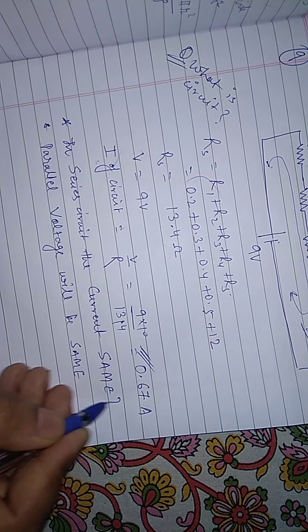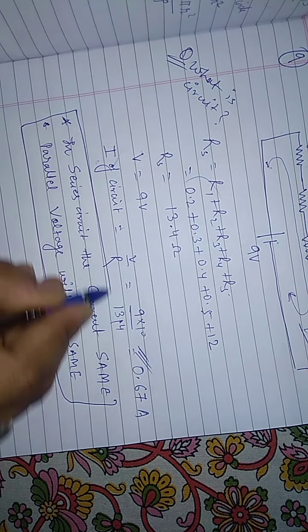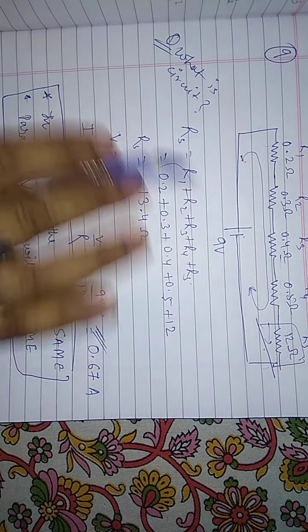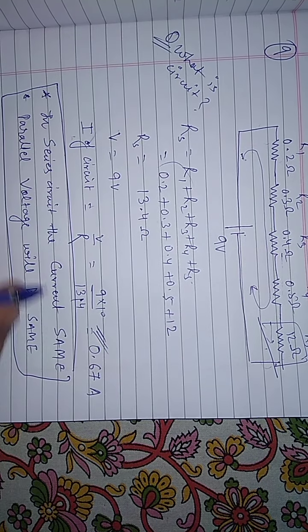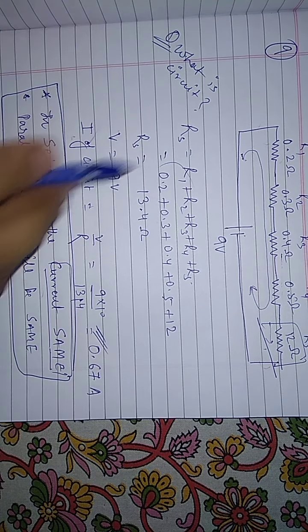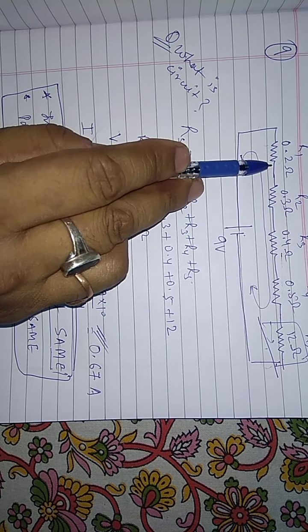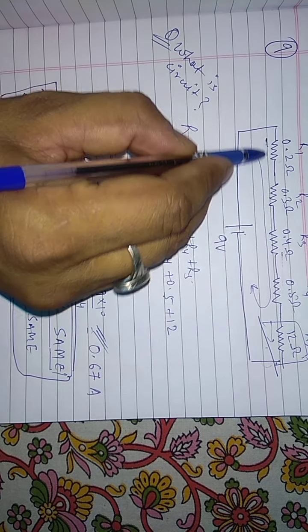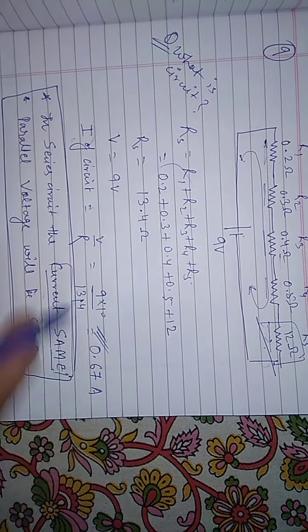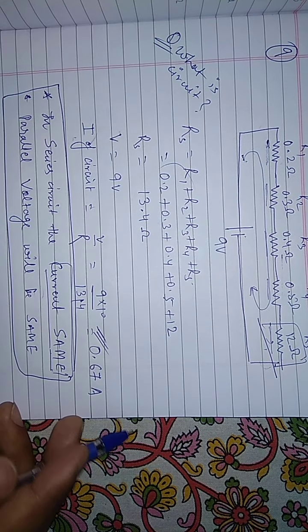This is a very important fact. So here the current is the same, but the voltage is different. In every resistance, the value of voltage across this resistance, this resistance, this resistance, this resistance will be different. So these are some questions.